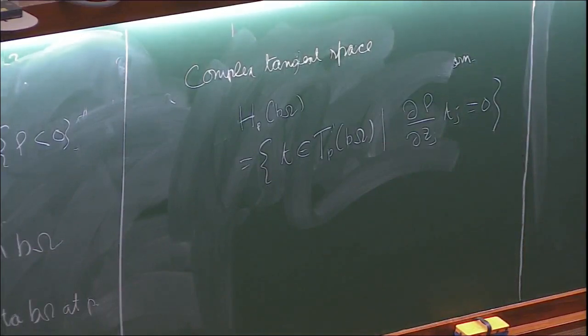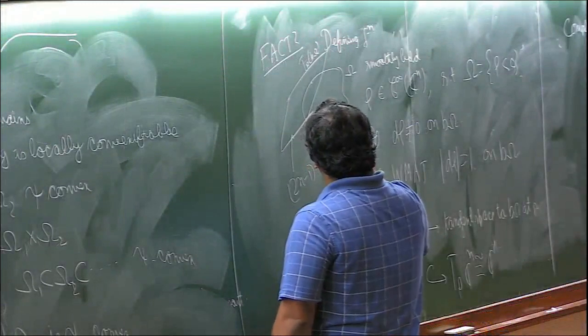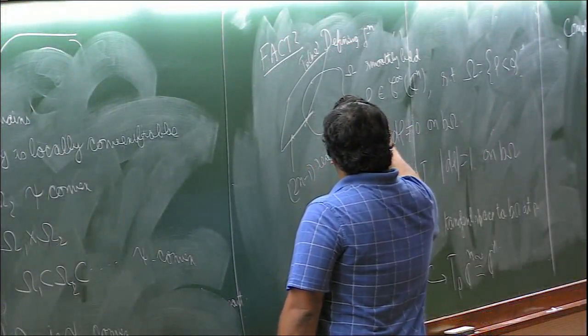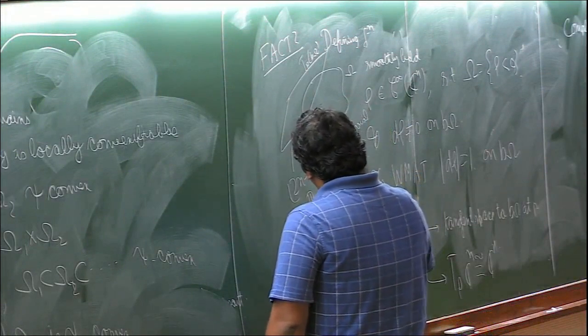This guy over here is a 2n minus 1 real dimensional real vector space.